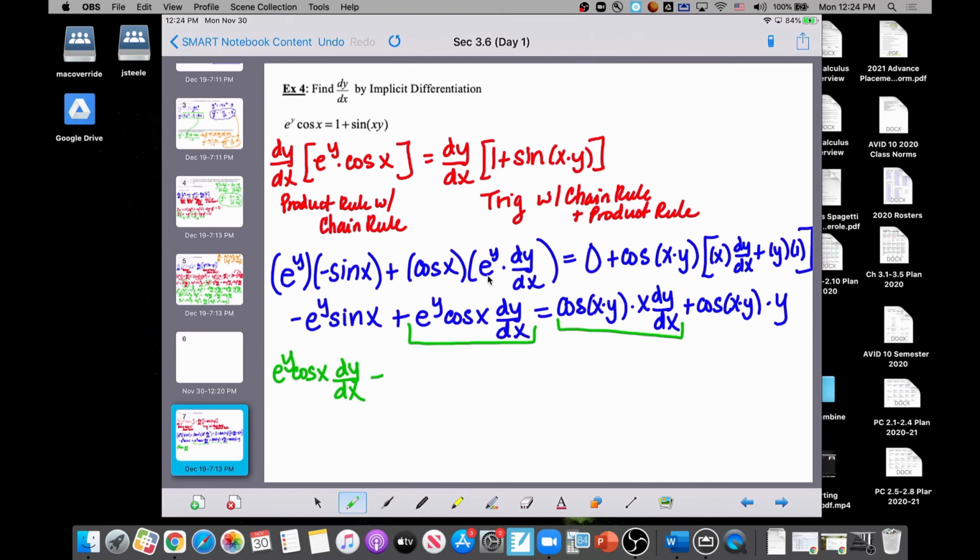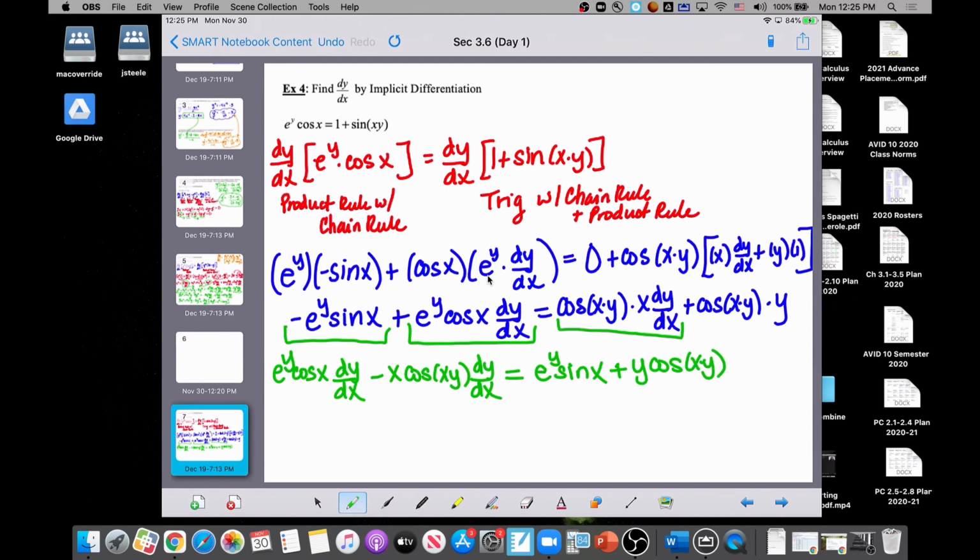So I will be subtracting it. So minus x cos xy dy dx, okay? And then I have my equal sign, and so now I have to move this first term over. So if I move it over, I'm adding it. So it'll be positive e to the y sine x, and then I have plus, I'm going to put that y in front, y cos xy.